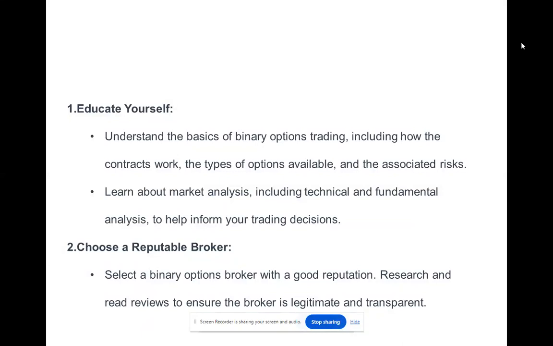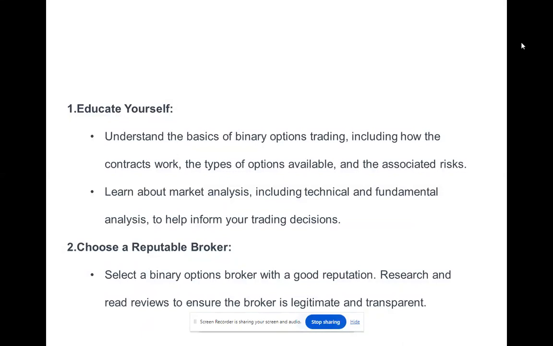A lot of people who dive into trading just choose any broker they like, and the broker ends up taking away their money. Maybe they make some profit and the broker closes their account.